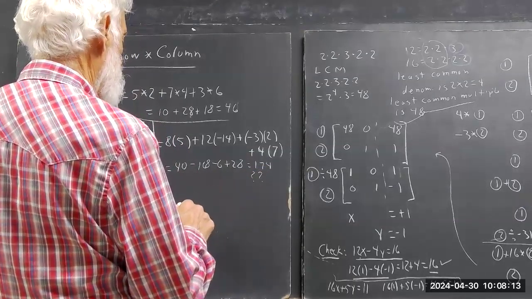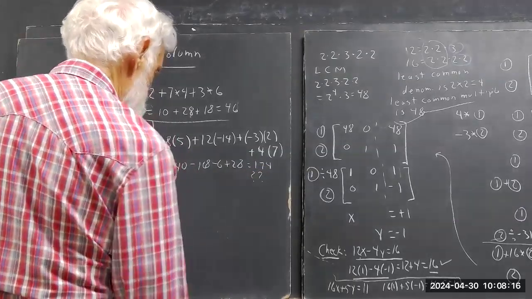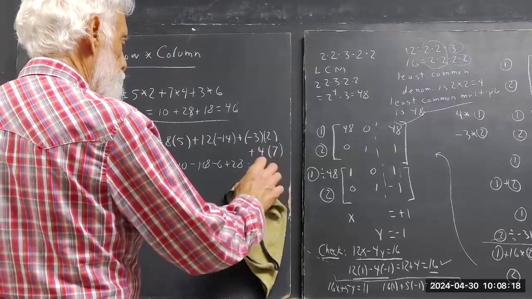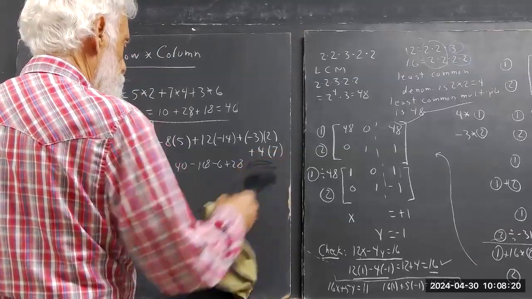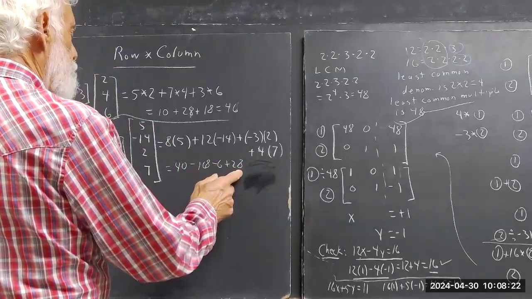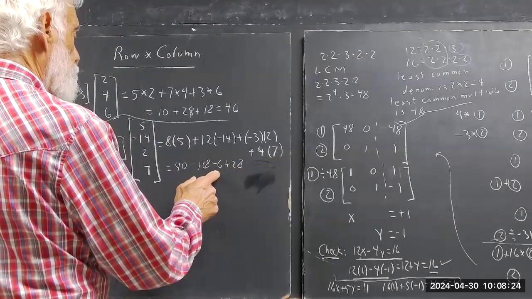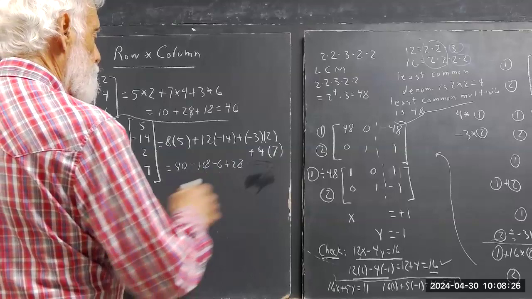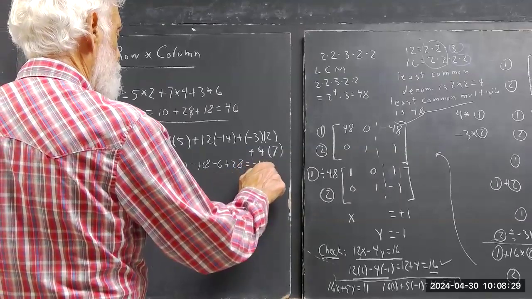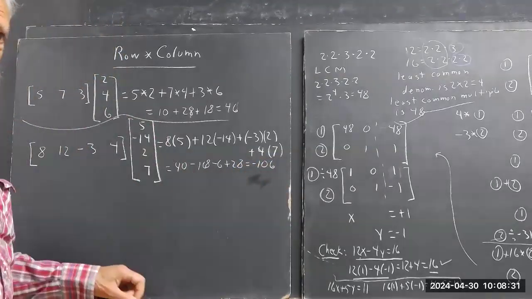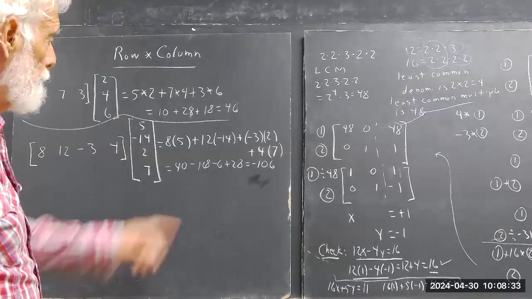And it isn't 174. As I started losing track of my signs, let's do it again. I got too tricky on it. This is -140, that's -146. So that's, I think, -106. Is that right? Good. Sometimes I get it right.